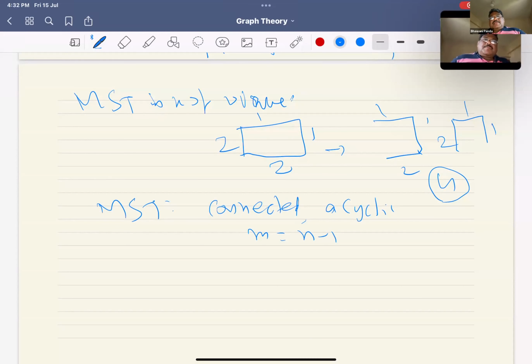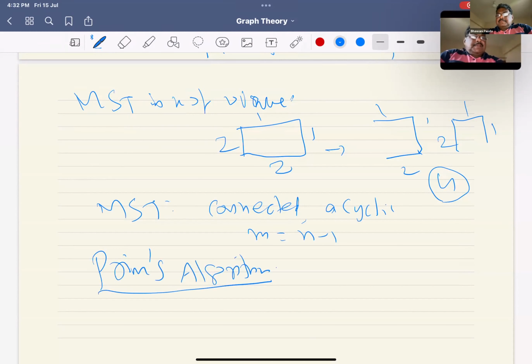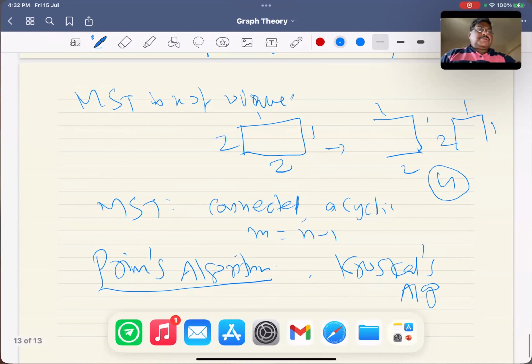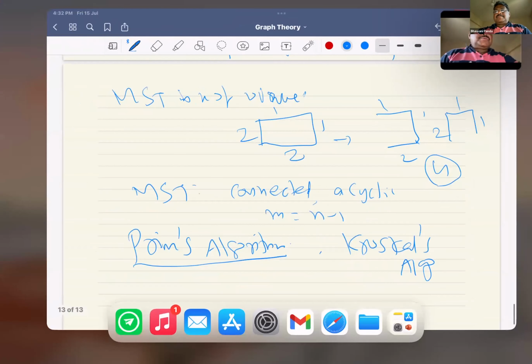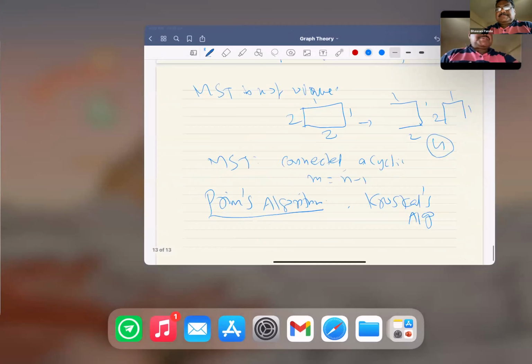There are 2 popular algorithms: one is Prim's algorithm, another is Kruskal's algorithm. These 2 are important algorithms, and there are many others also. We are going to see Prim's algorithm first, and then I'll go to the slides.